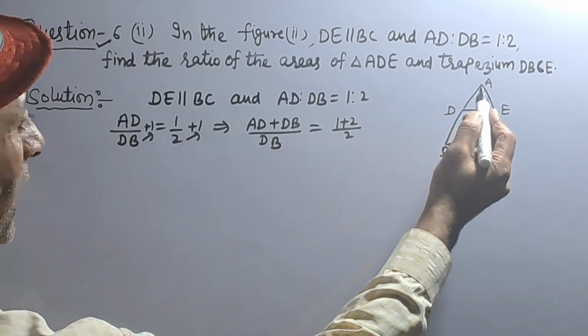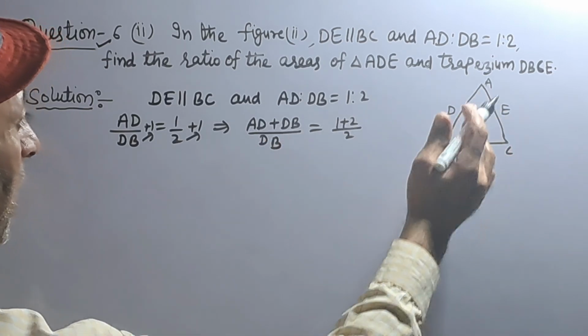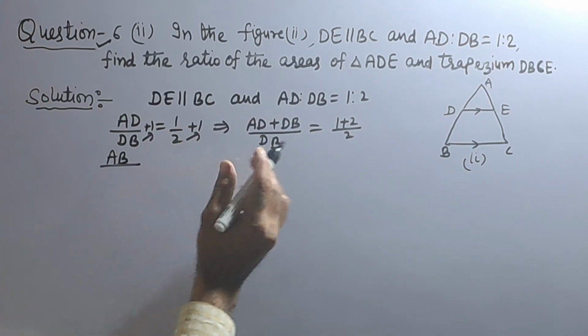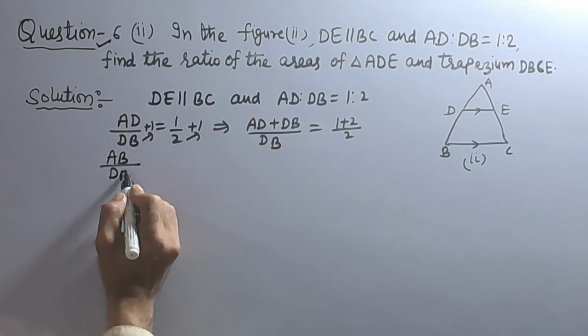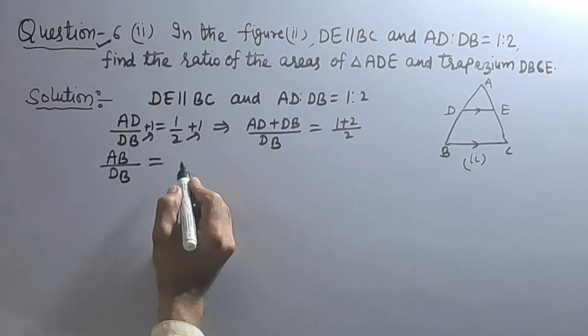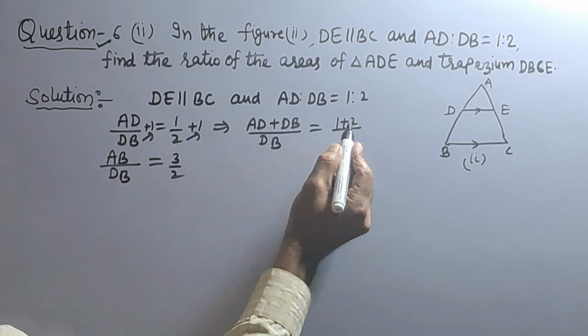AD plus DB, that is equal to AB, divided by DB is equal to 3/2.